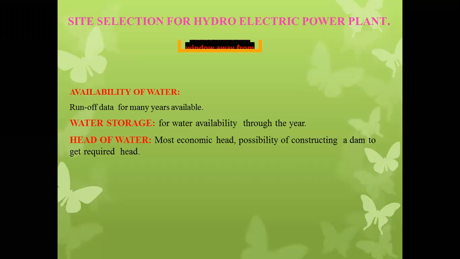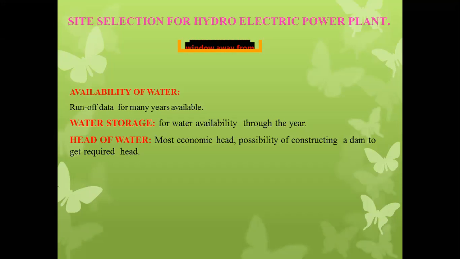So head of water plays the role of storing potential energy in the water. As we know, potential energy PE equals mgh. Yes or no? m is the mass of the object, g is the gravitational constant, and h is the height of that object from the sea level.